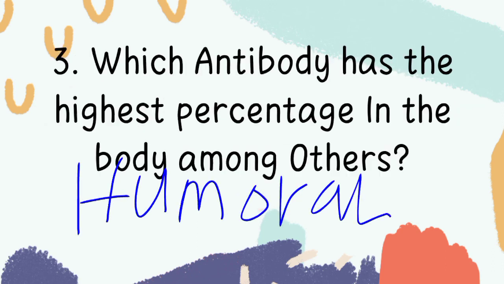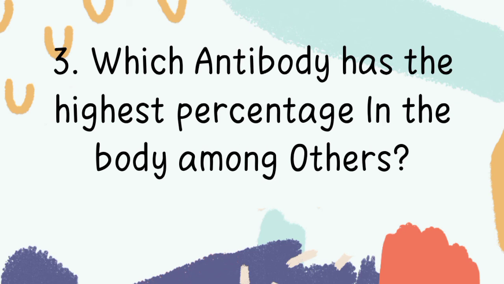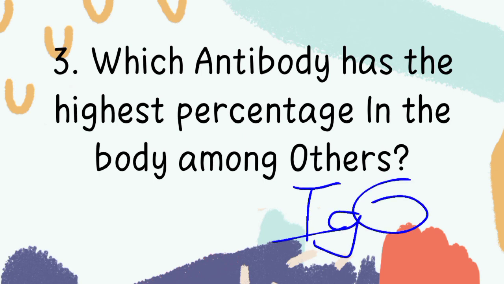That's the right answer. The last question we have here is which antibody has the greatest percentage in the body? The right answer, the most common, is the IgG, and it carries over 75% in the body.